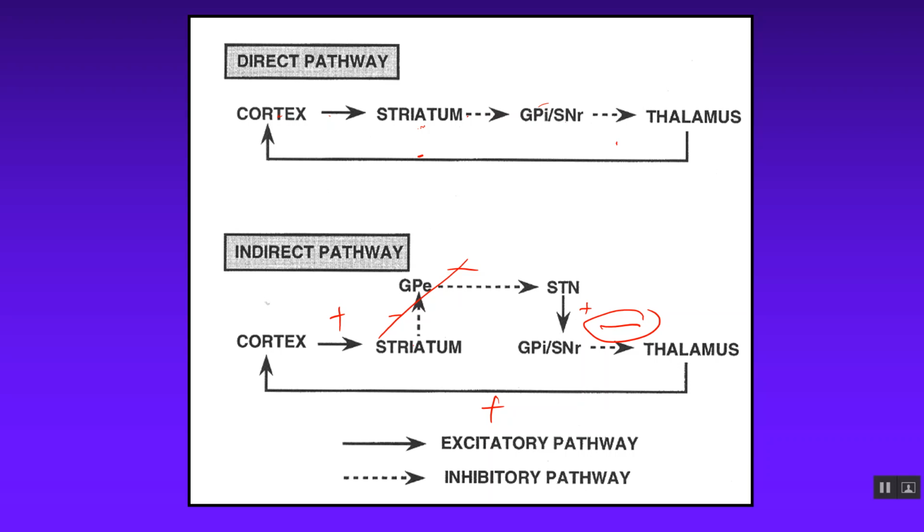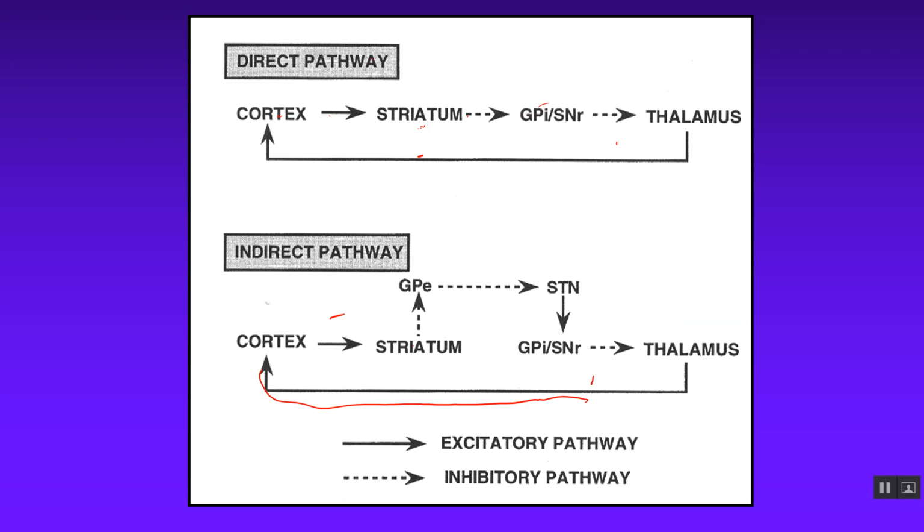You can talk it through and say, this one inhibits this, which inhibits that, which inhibits the facilitatory influence of one over the other, and it gets kind of messy in your head. Really all you have to know is that the indirect pathway, the overall additive effect of all those connections, is a decrease in excitatory influence back to the cortex.